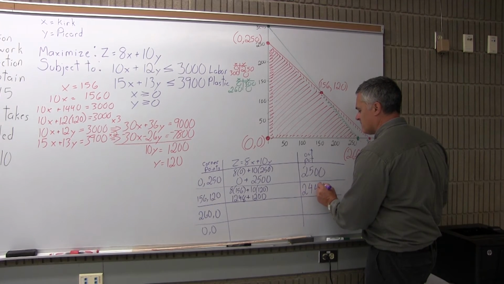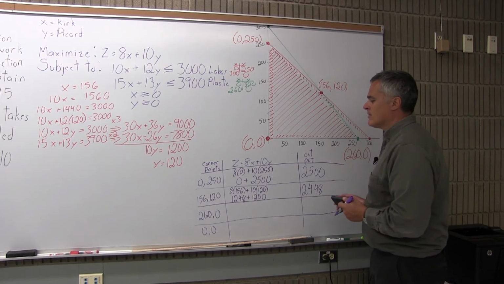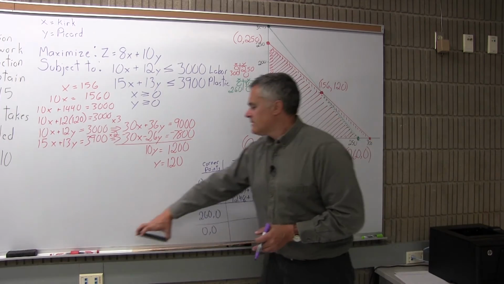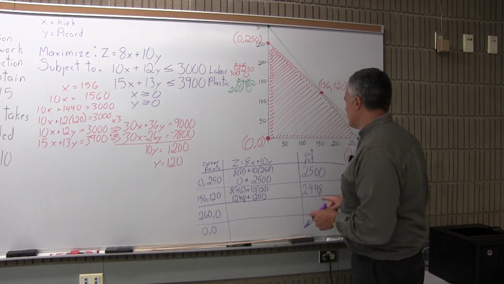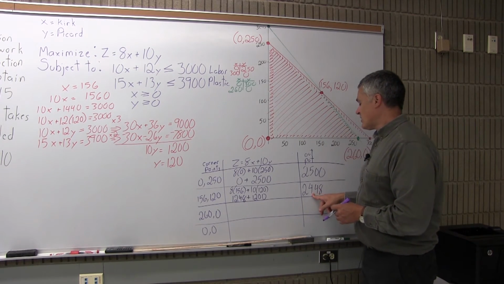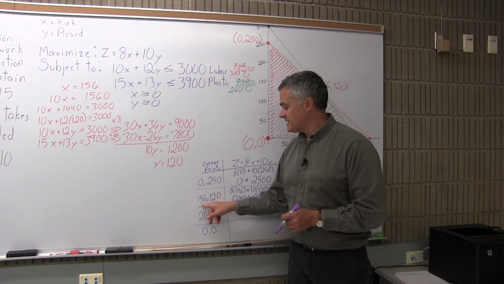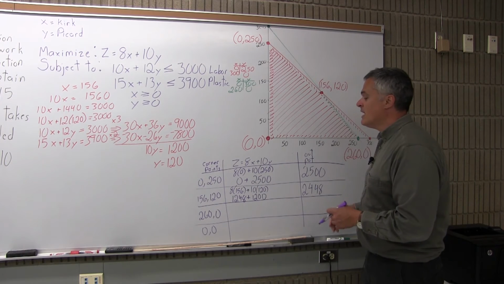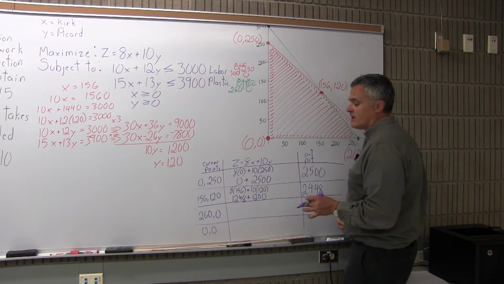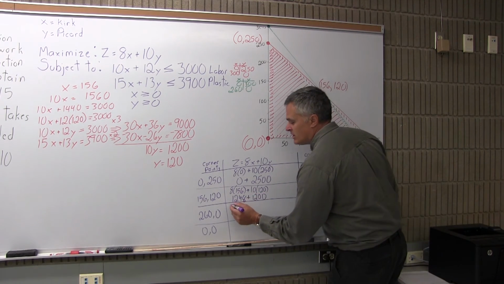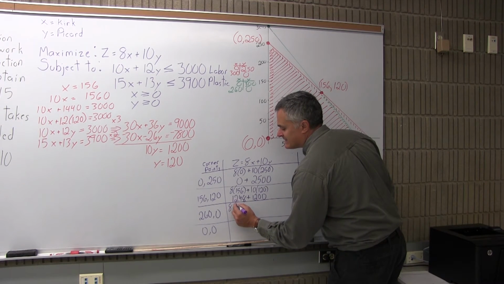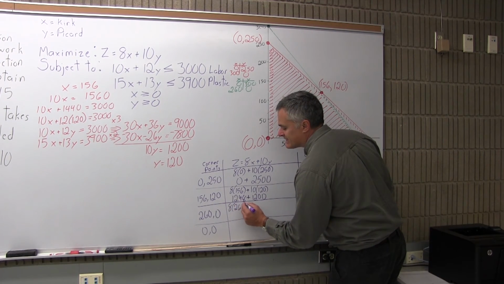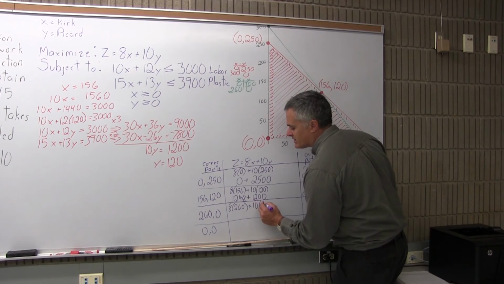Wow, almost the same. So that's telling you that Ned the Nerd can make a profit of $2,448 by making 156 Captain Kirk action figures and 120 Captain Picard action figures. The next corner point down, the x value is 260, the y is 0. So 8 times x is 8 times 260, and 10 times y is 10 times 0.